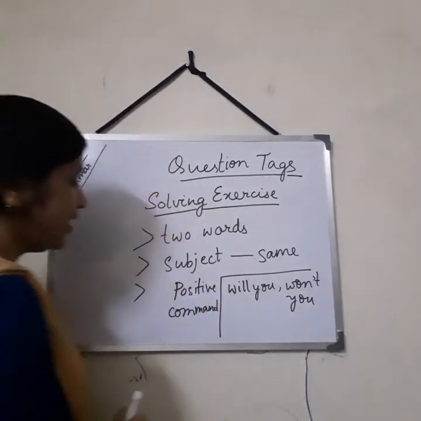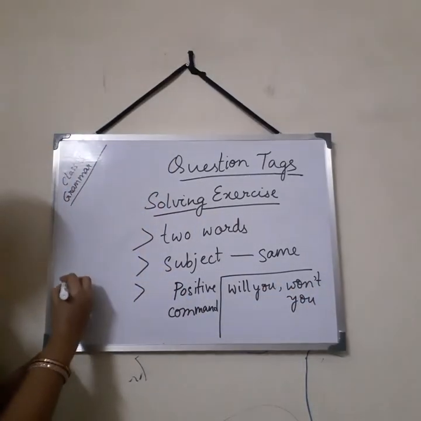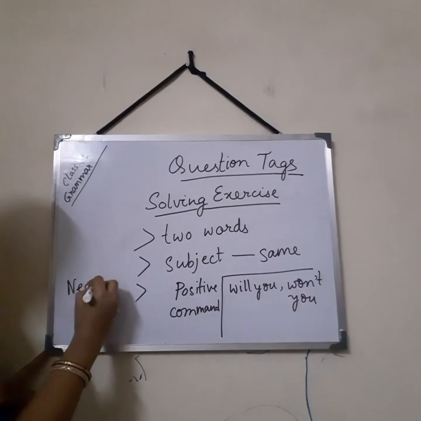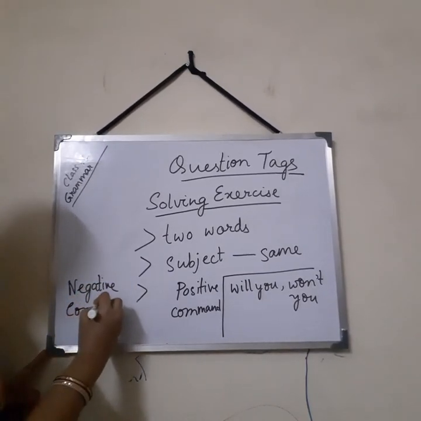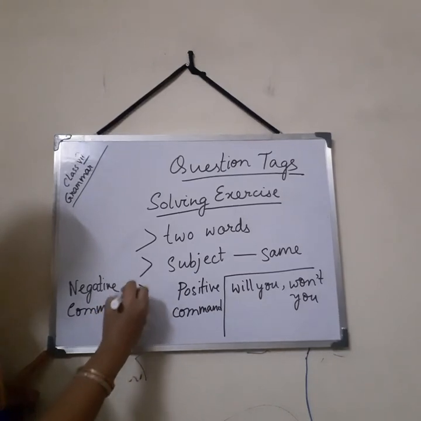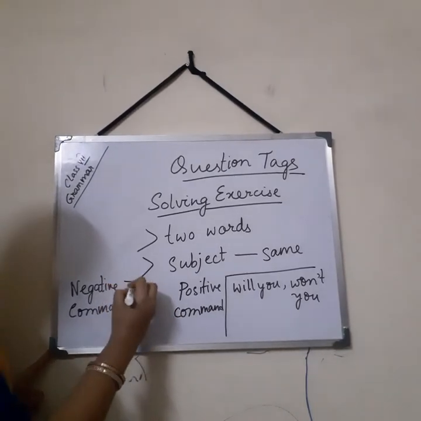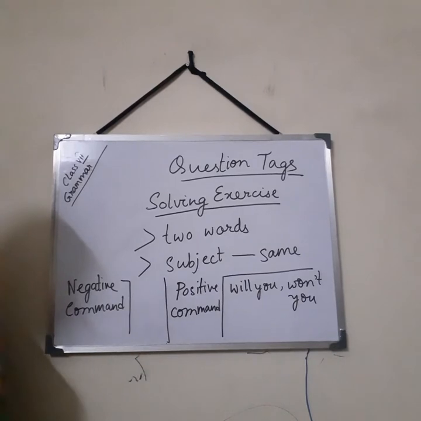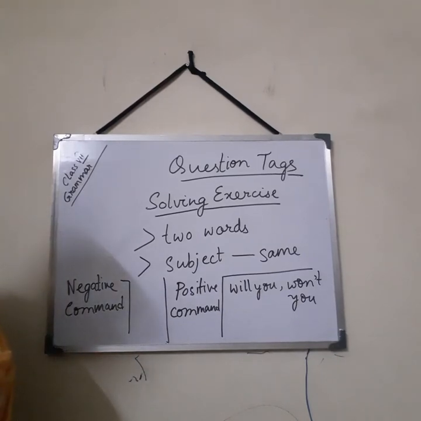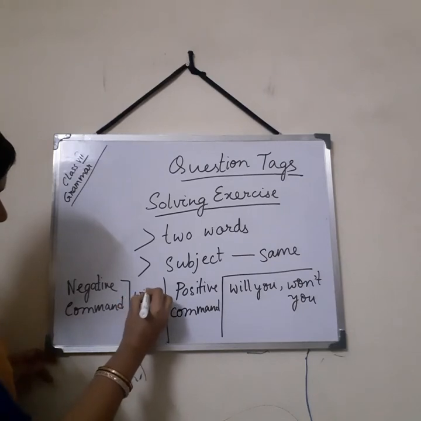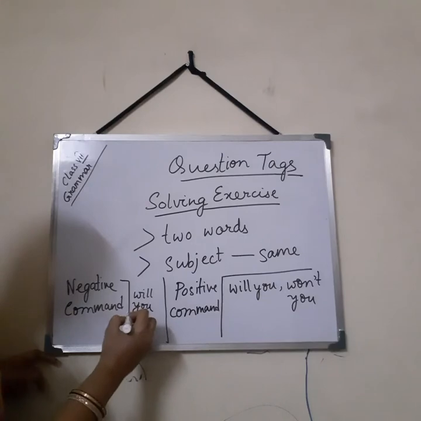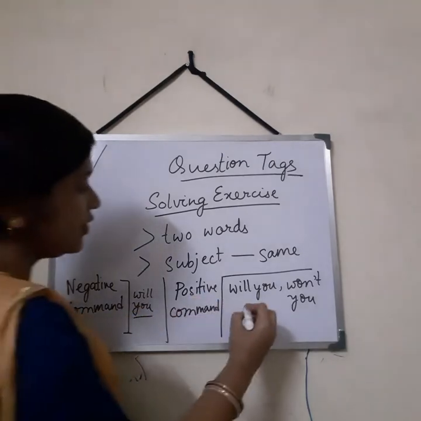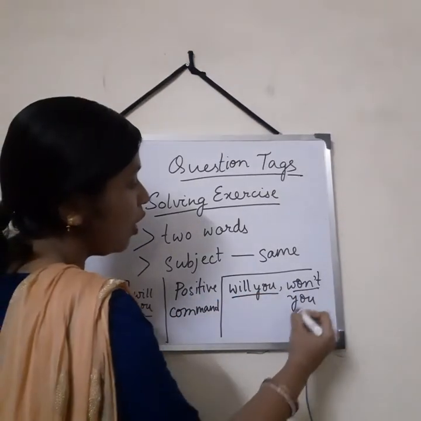And for a negative command, we use a question tag that is just will you. For negative command we use will you. For positive command we use either will you or won't you.